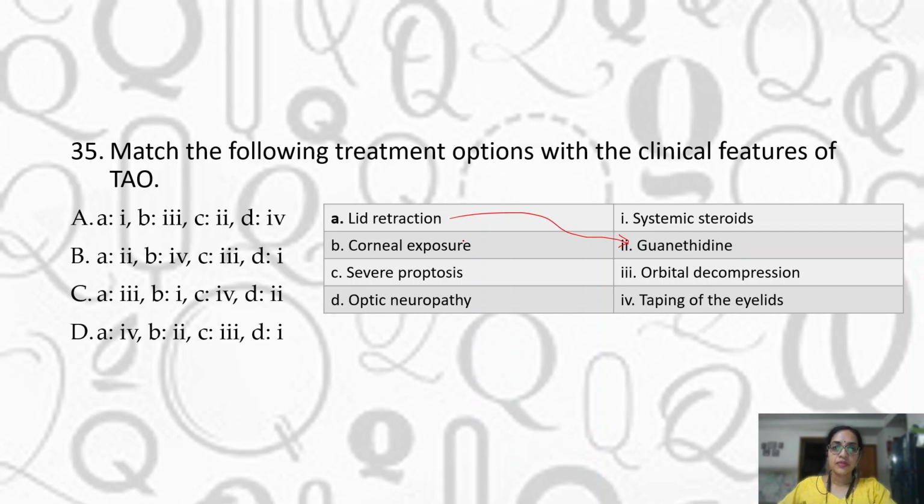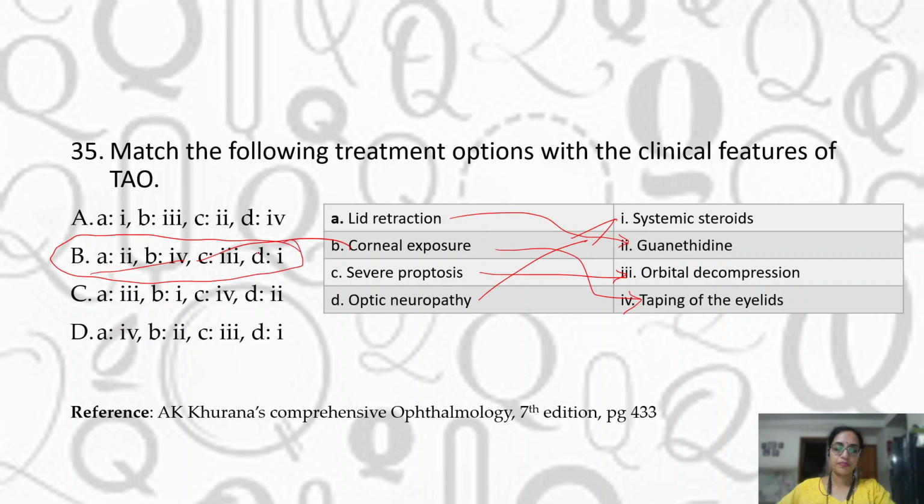Okay. Next is corneal exposure. You have to do taping of the eyelids. B4. Okay. So we are here now. B4, right? See, severe proptosis, you need orbital decompression, and optic neuropathy, you need systemic steroid. So the right answer here is B.